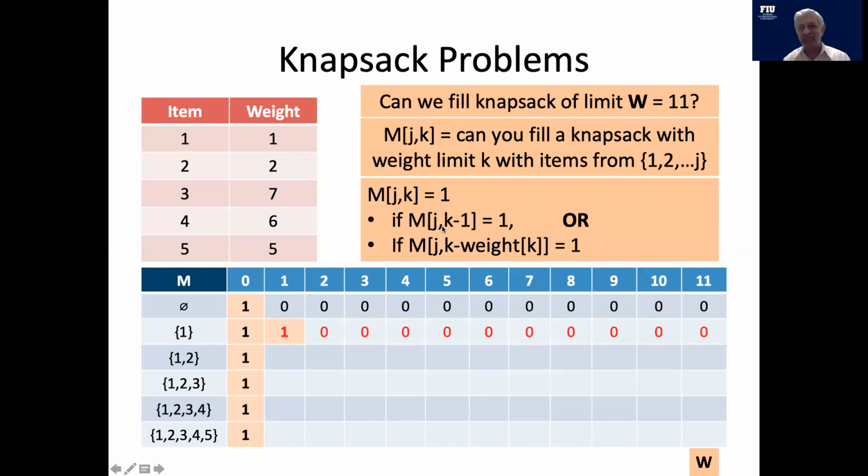I apologize. So it says that if I can achieve the weight limit of k with the first j minus 1 items, then I can easily do it with j also. I'll simply not choose the jth item. Right? So I should have said here j minus 1, k. Is that clear?